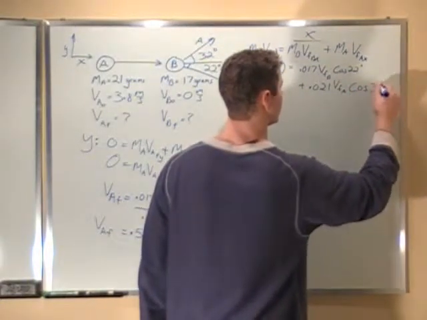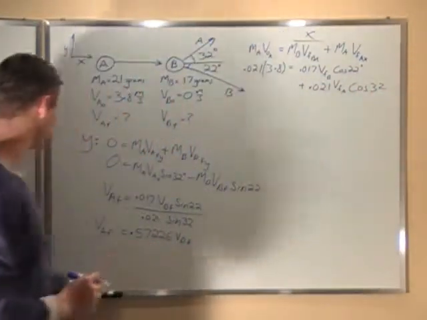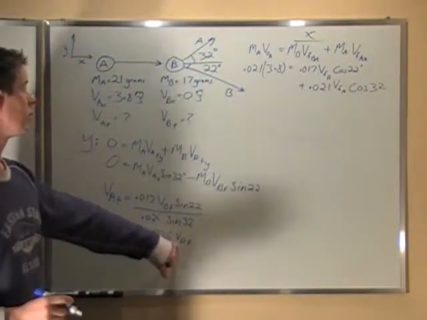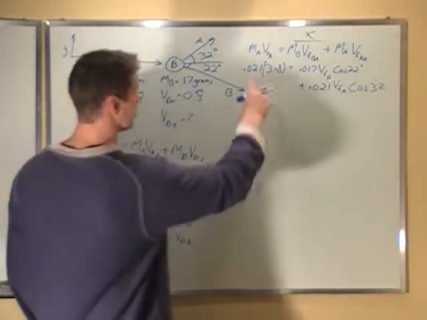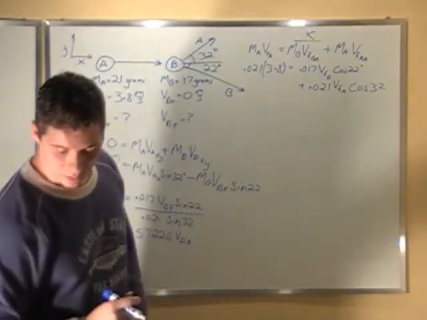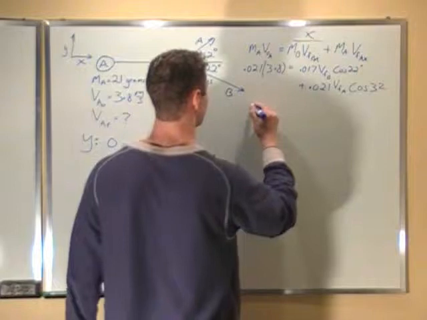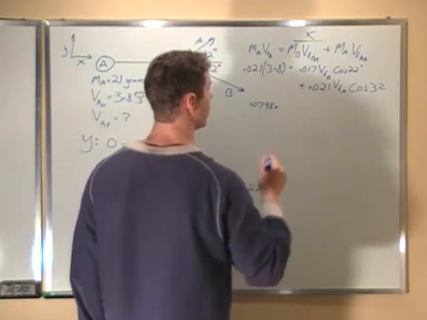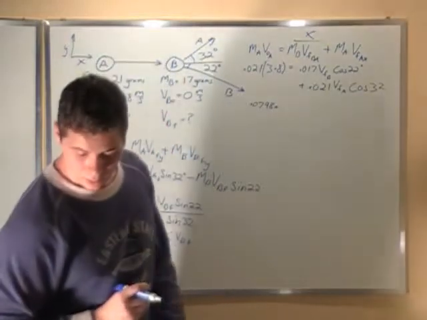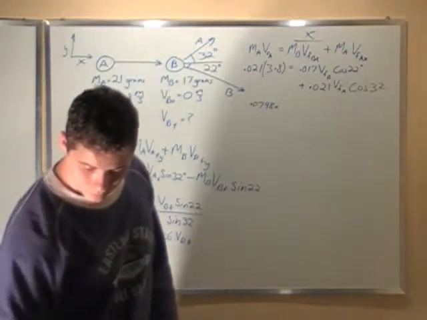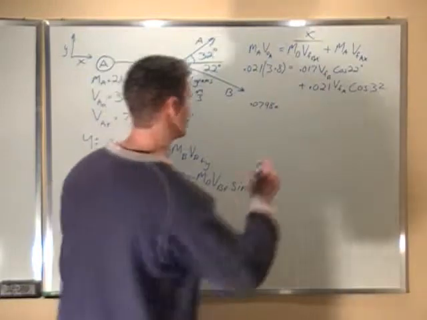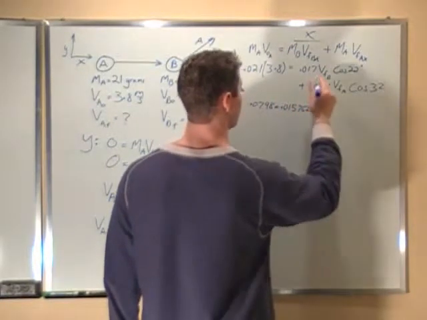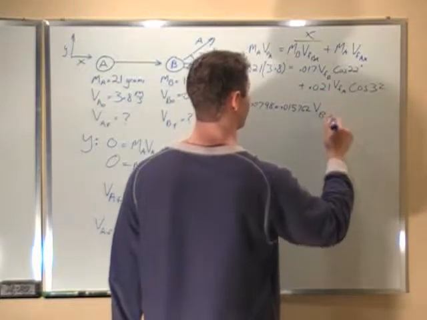Okay, and what we have is we have VAF in terms of VBF. So I multiply this times this, and that gives me a number of 0.0798. 0.0798 equals, and 0.017 times cos 22 is going to give me 0.015762 times VBF.